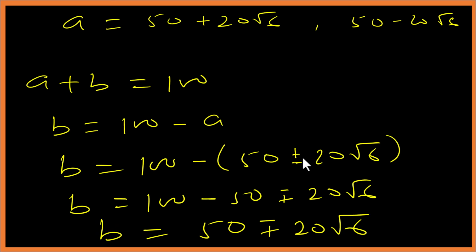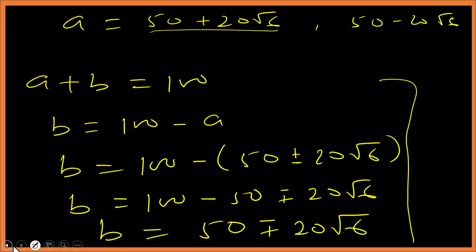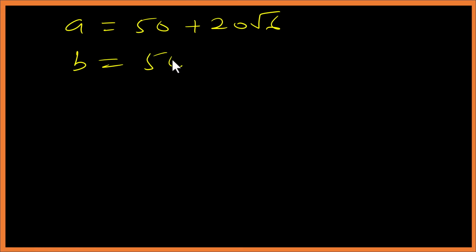Now it means that from here, if a is 50 plus 20 with 6, b will be 50 minus 20 with 6.